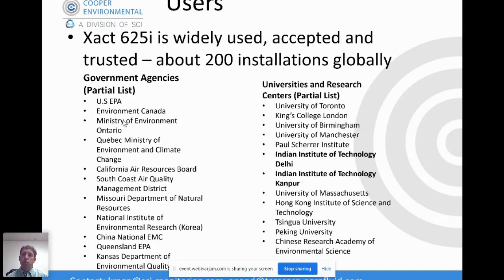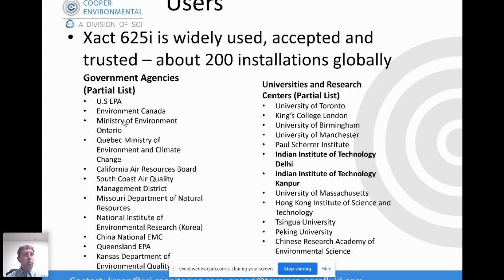It also has quite a list of university users as well. As I mentioned, both the Indian Institute of Technology in Delhi and in Kanpur are using the instrument. The University of Toronto has one, or several, King's College in London, University of Birmingham, University of Manchester, University of Massachusetts, Peking University in China.